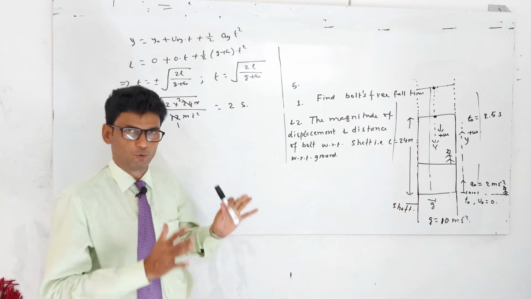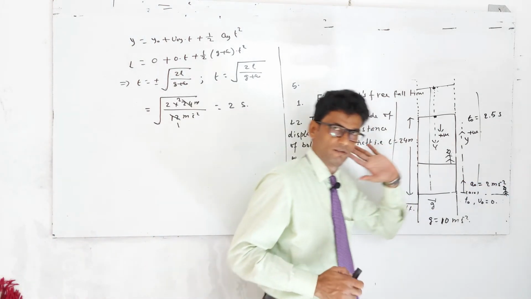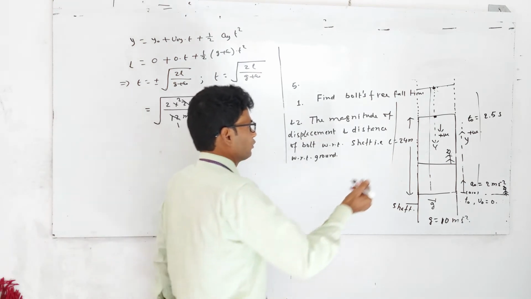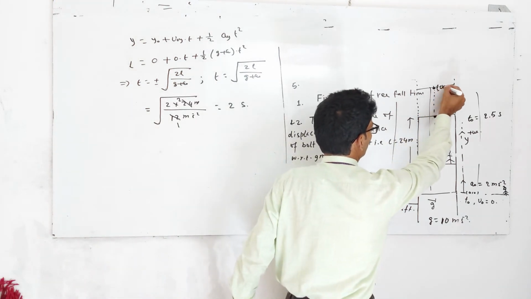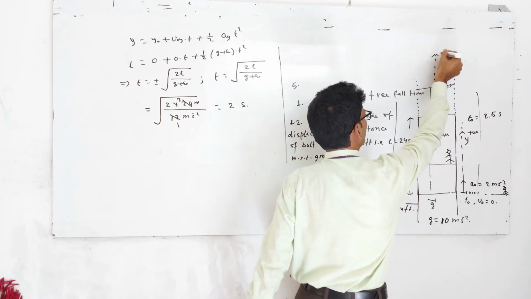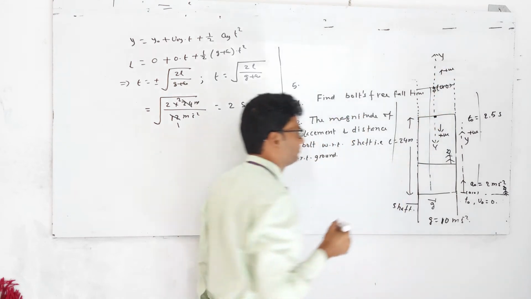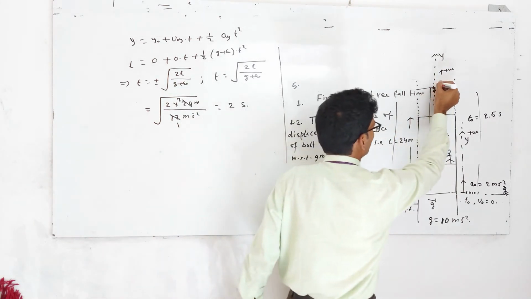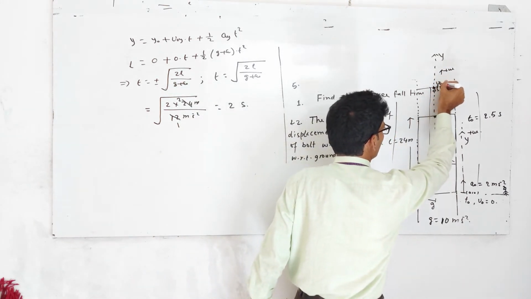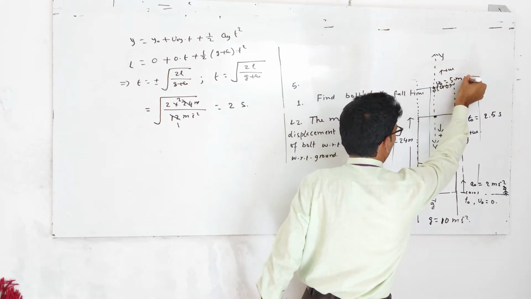Now we have to work from the ground frame, or with respect to the ground observer. For this we take the origin here and the upward direction, say y-axis, as positive. Initially the bolt has an upward speed of 5 meters per second.